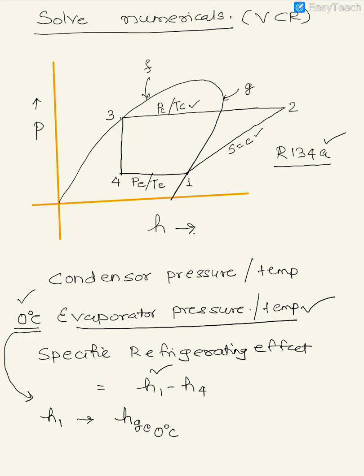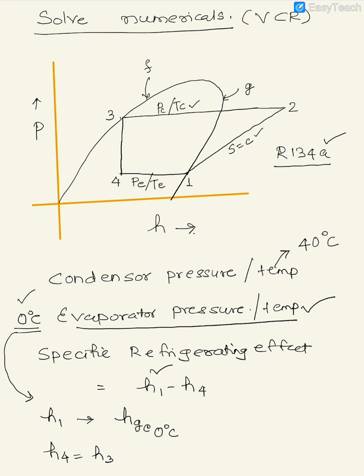Now, how do you get H4? For getting H4, we need to first find H3, because H4 is equal to H3. How do you find H3? H3 is on the F line, and the pressure and temperature correspond to the condenser. Let us say that the condenser temperature is given to be 40 degrees centigrade.